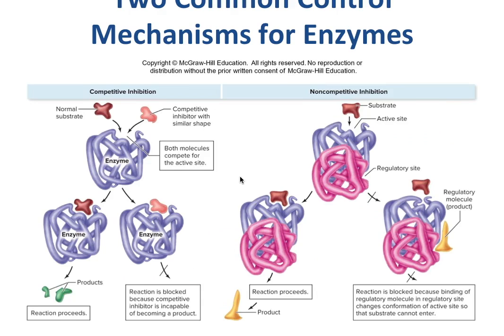As we can see in this diagram, this is competitive inhibition. The inhibitor has a similar structure as the real substrate, so they compete with each other to bind with the active site and decrease the chemical reaction speed.